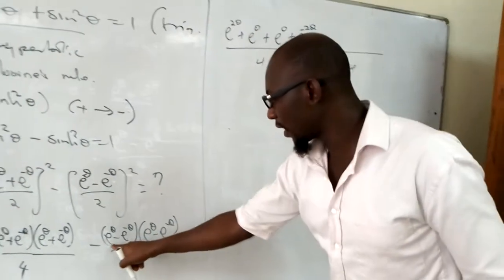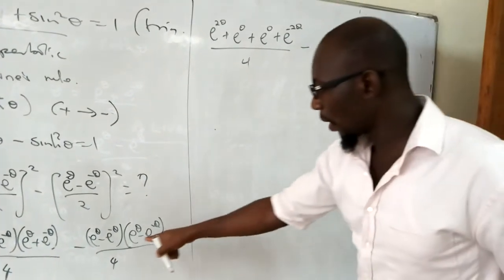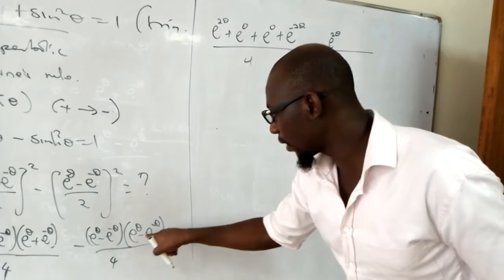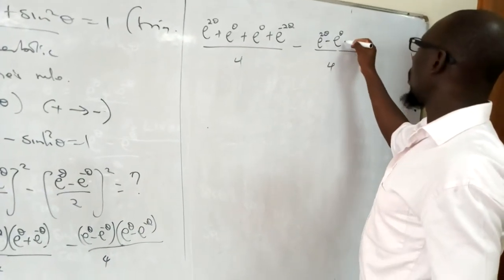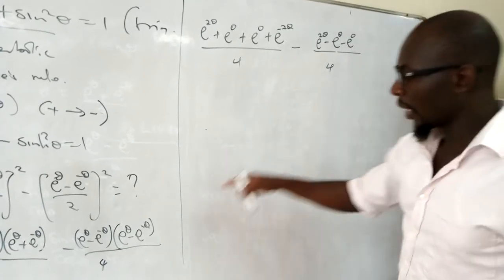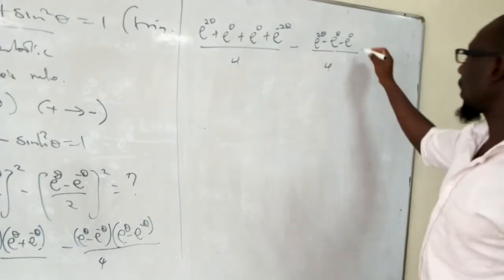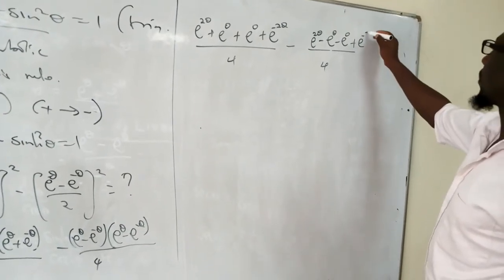If you expand this bracket, it is going to become exponential of 2 theta, this one is minus exponential of 0, minus again exponential of 0, then this one times the last one becomes plus exponential of negative 2 theta.